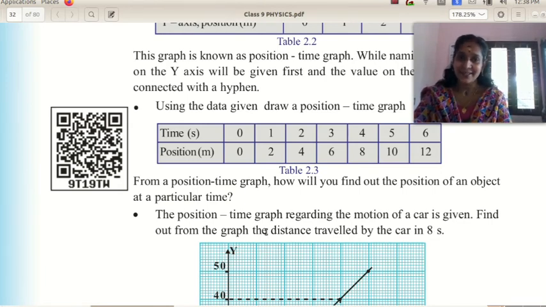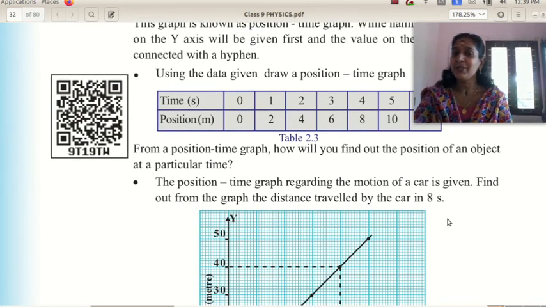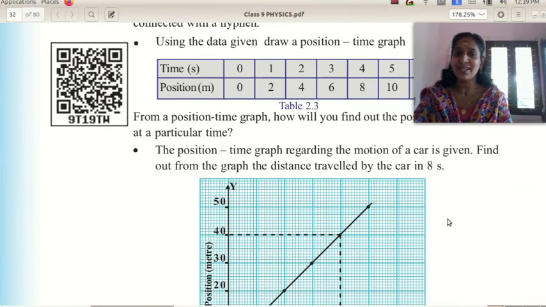You can consider it as Mohanlal's car or Vijay's car or Kohli's car, or Tovino's car. You consider it in any way. From the position diagram, how will you find the position of this car at a particular time? Find out from the graph the distance travelled by the car in each second.